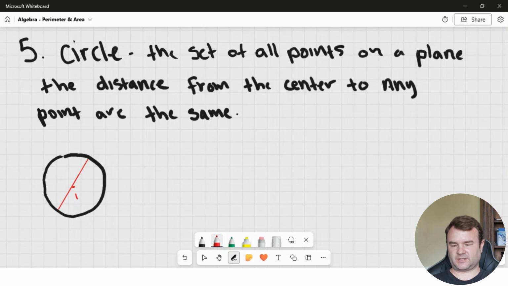So this distance, we'll call it d, is diameter. And then the radius is the distance from the middle point or the center to any point along the edge of the circle. And we'll call that r, or radius. So we use r for radius, and d is diameter.